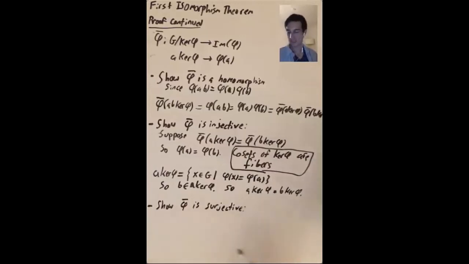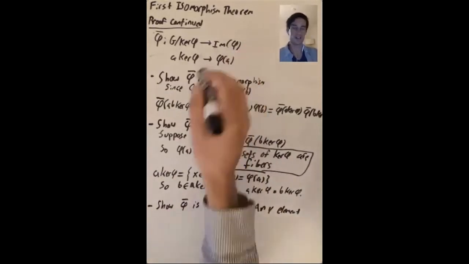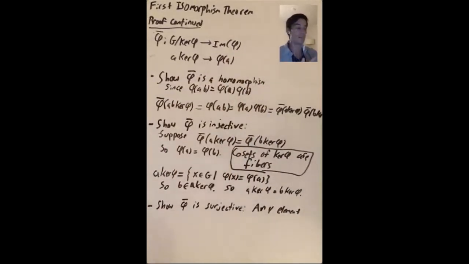Let's show that this is surjective. So what do we need? We need that any element in the target over here in the image of phi gets mapped to by something in G mod kernel of phi. So any element of the image of phi, what does it look like?